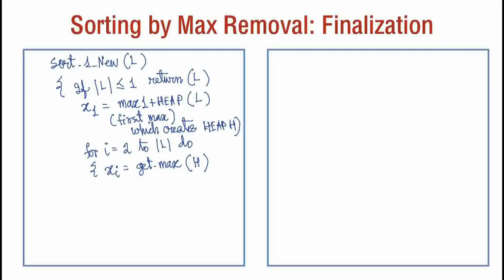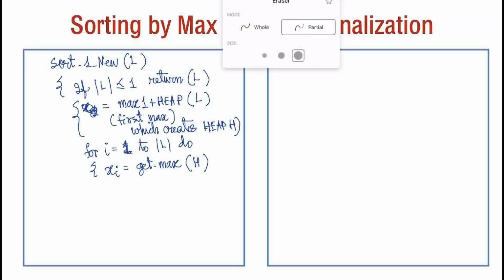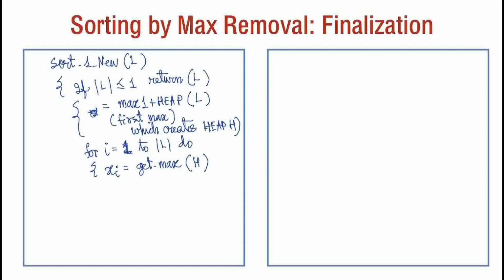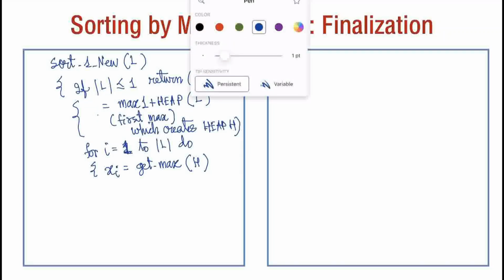So we have removed the max here, or we could also, instead of removing the max, start from the beginning. Let us say what we actually do is we don't do anything, we just create this heap data structure in the first instance. So this just returns our heap data structure.